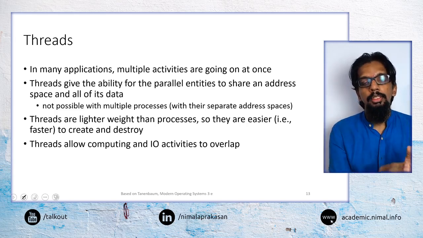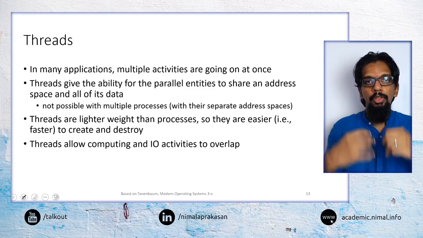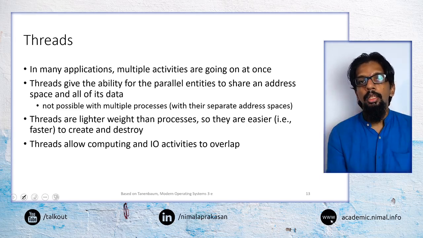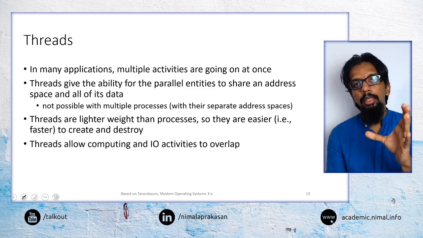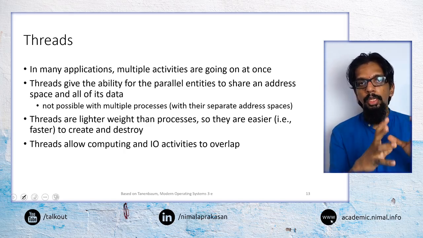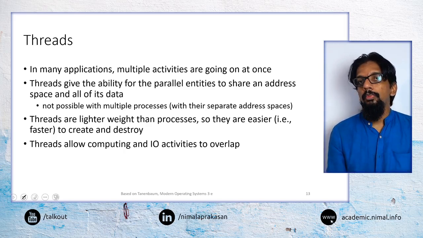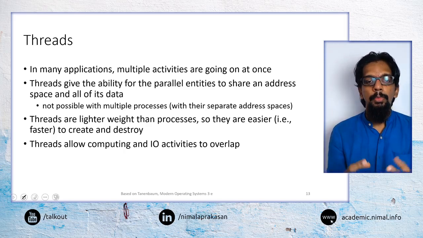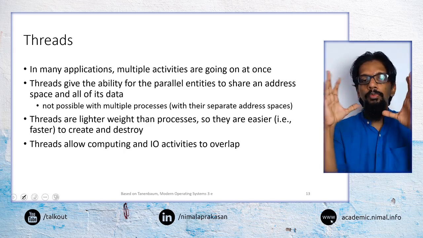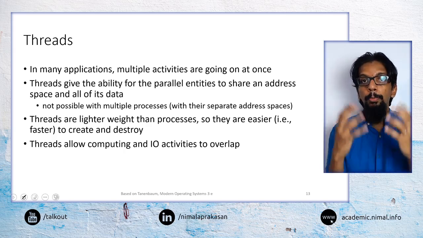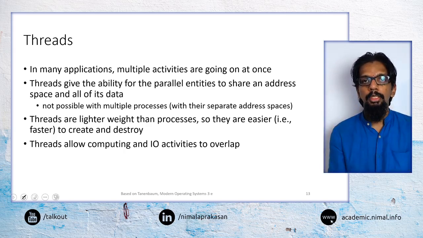From processes, we identify processes as programs or instances of programs that are running. Then we also have another concept that is fairly similar to processes called threads. Even within a single process, many different things may be happening.